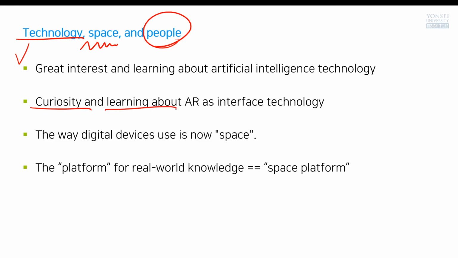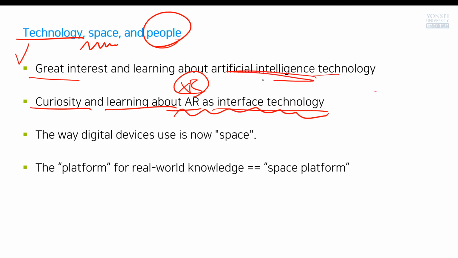Curiosity and learning about AI as interface technology. I told you XR technology is one of the user experience related things, an interface for communication with computers. By using such new technologies, we can realize this kind of AI related technologies for better things, for advanced things.